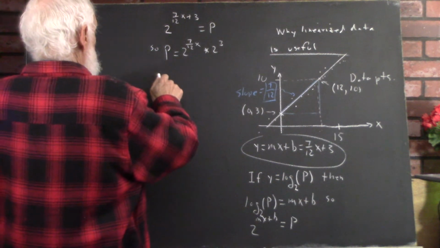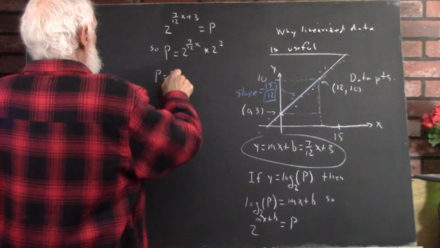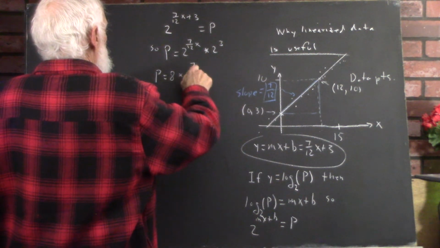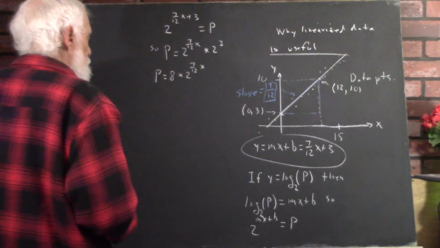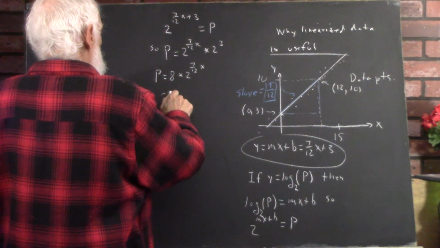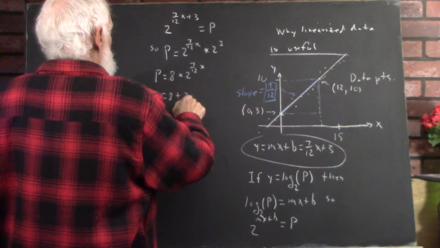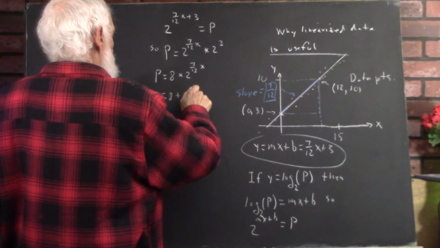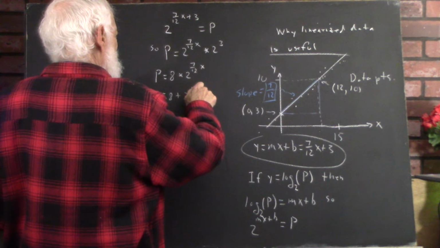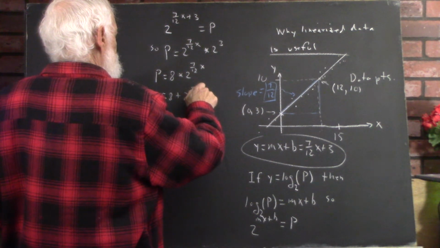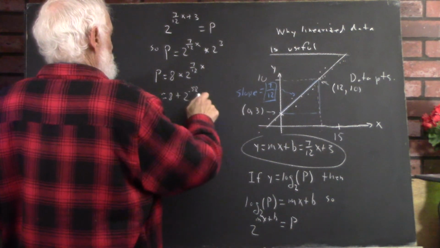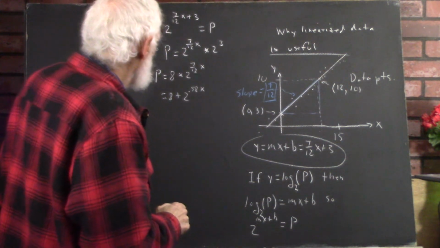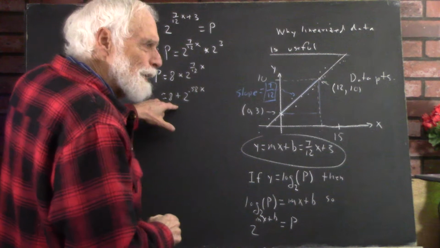So now, P equals 8 times 2 to the 7/12 x, which is then going to be approximately 8 times 2 to the 0.58x. Okay, 7/12 is a little less than 0.6, probably about 0.58. And look what I did.